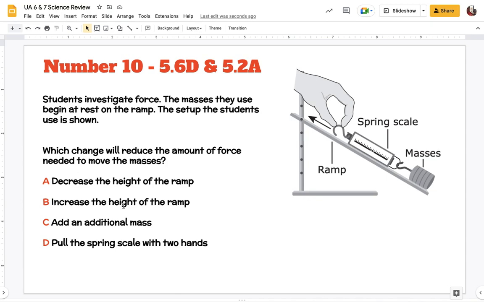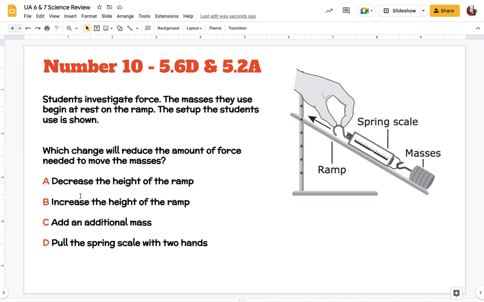So, this is fun. We're using that decrease and increase again. Okay, so if the ramp goes down, is that going to make it easier for us to pull or harder? It is actually going to make it easier. So the bigger the slope, it's kind of like, think about if you're walking up a hill, okay?